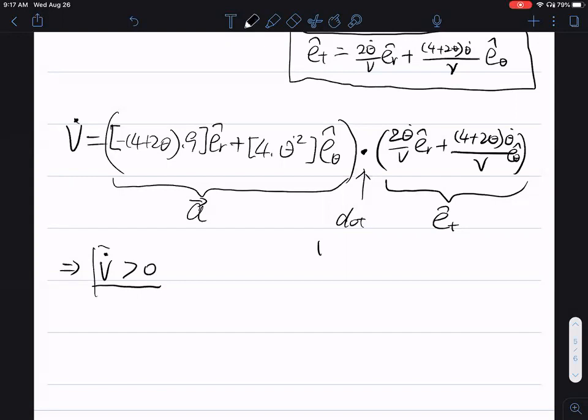You can double check that. So it's a positive number. If you end up with V dot being a positive number, that means the speed of P is increasing.